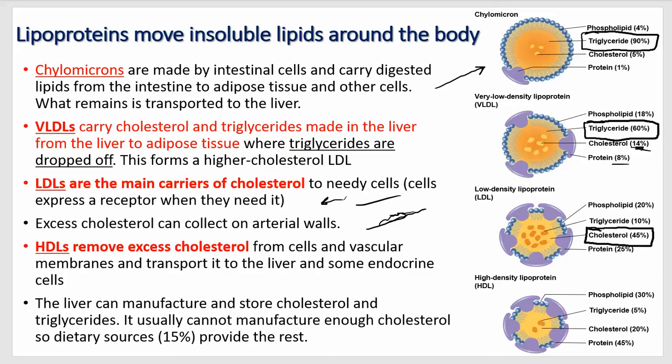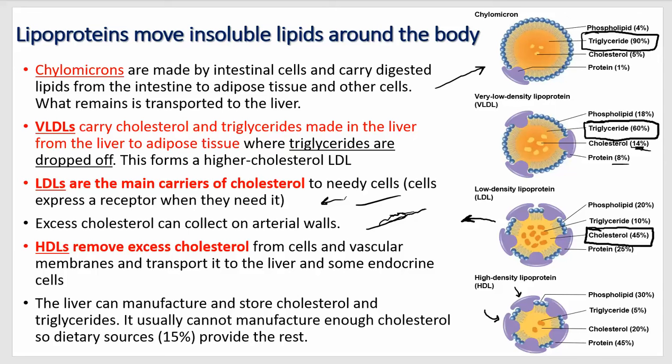And then the liver also, again, with different identities of apoproteins, will produce these other lipoproteins. If the low density lipoproteins' job was to drop off cholesterol, I don't know that I mentioned that, but we have these LDLs for a reason, because cells need cholesterol.